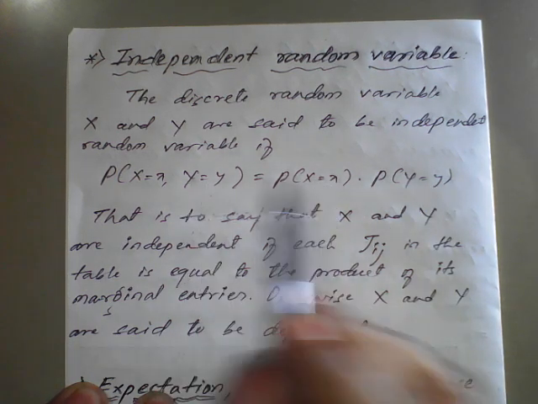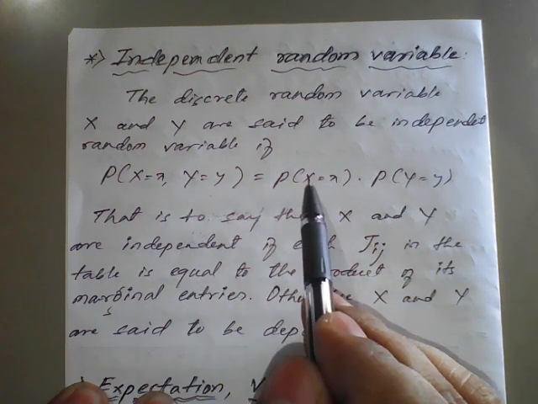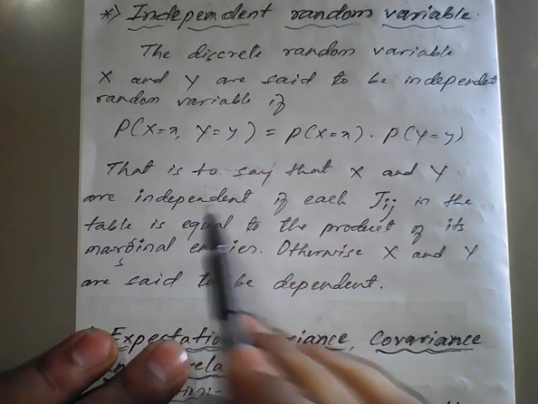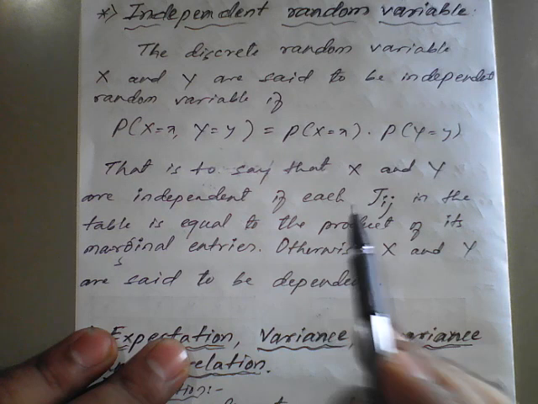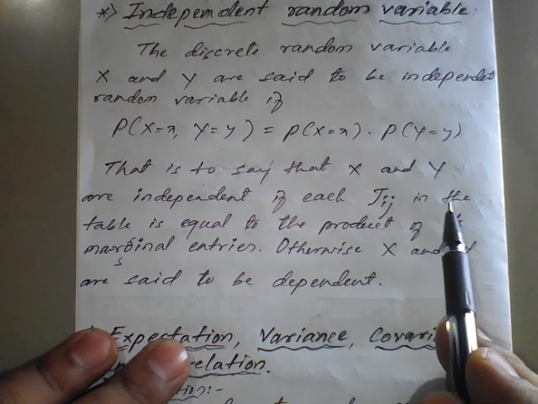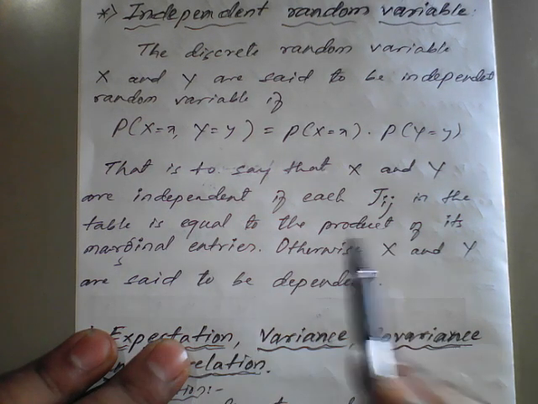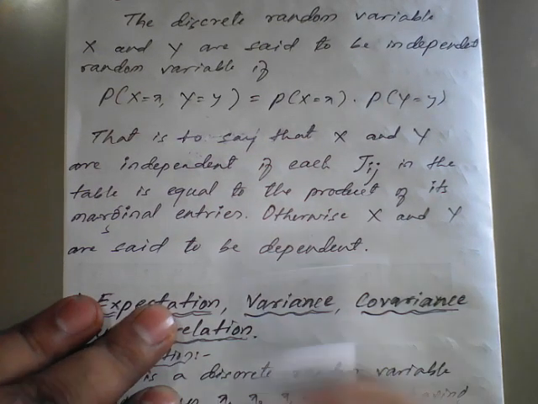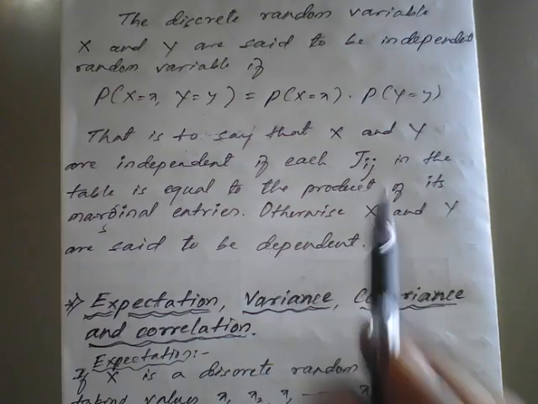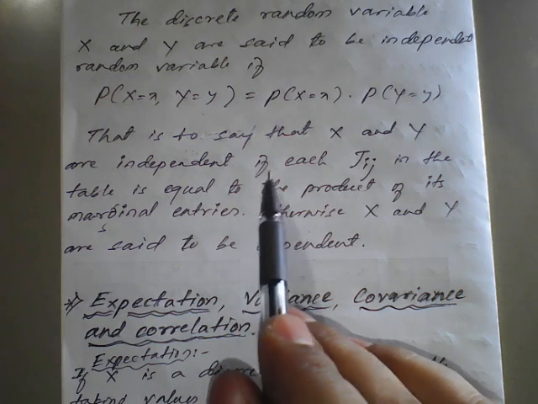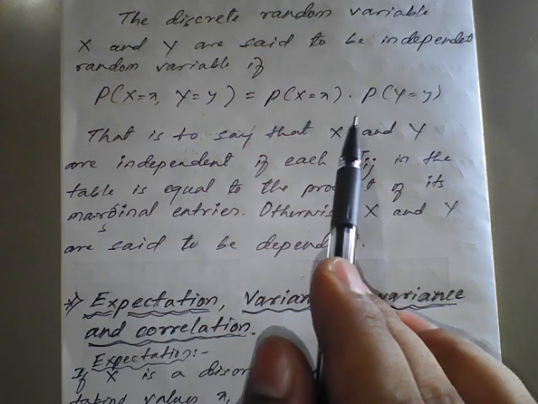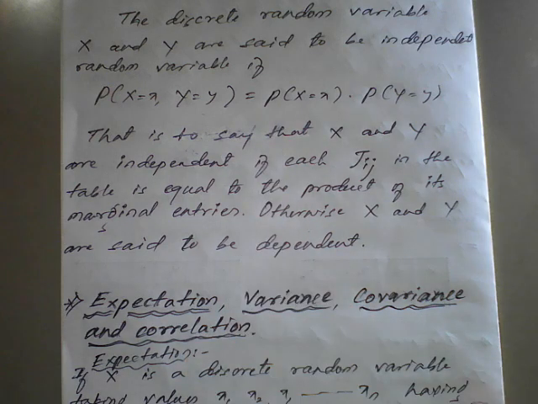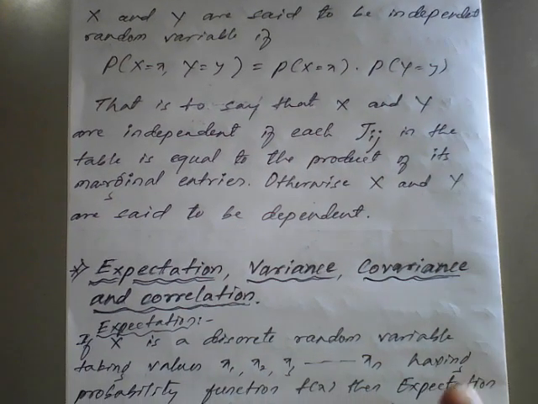If these two conditions are satisfied, meaning LHS is equal to RHS, then we can say that x and y are independent, if each joint entry f of ij in the table is equal to the product of its marginal entries. Otherwise x and y are said to be dependent. So if it is not coming the same, it is dependent, and if the results are the same, it is considered an independent random variable.